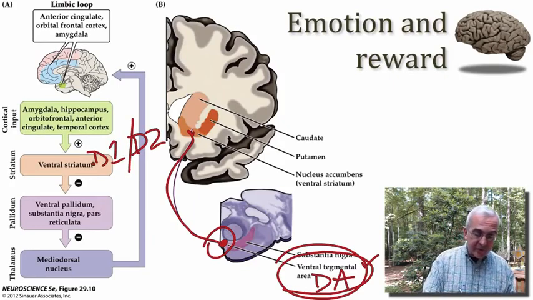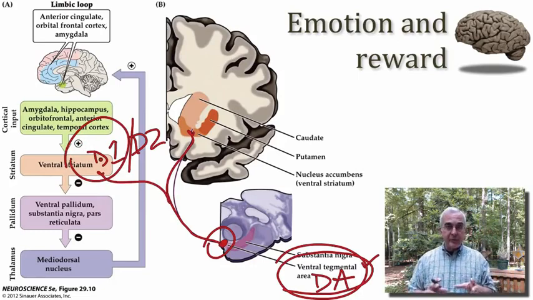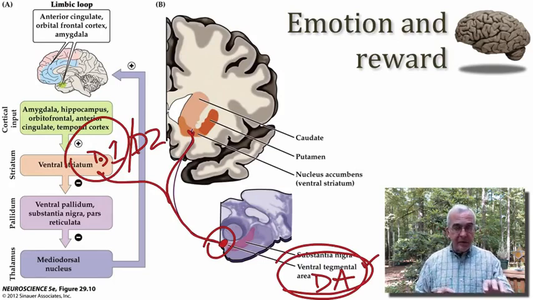So in the illustration that we have here to the left, we imagine that the D1 receptors are being activated when ventral tegmental neurons begin to fire and release dopamine, affecting this direct pathway from ventral striatum to ventral pallidum, substantia nigra pars reticulata, and then back to the medial dorsal nucleus of the thalamus.